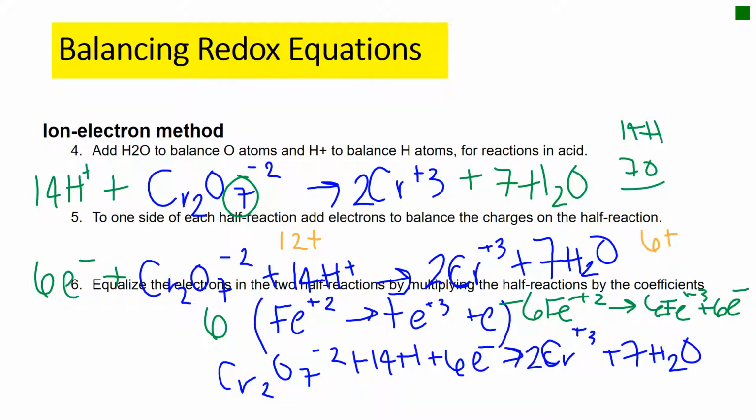Now we are going to add those 2 equations to get our overall reaction. The way we're going to do this is we're going to use a process of elimination, basically saying that if you find one element on one side and you find it on the other side, meaning one side reactants and the other products, or vice versa, then you can eliminate each of them.